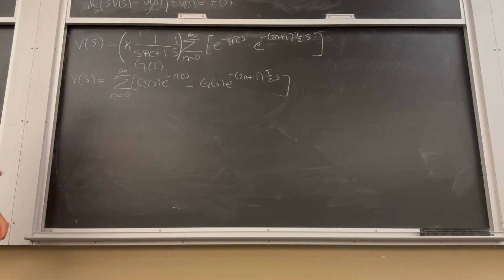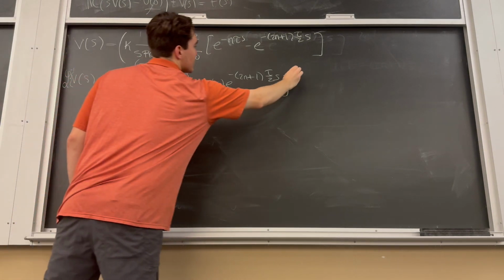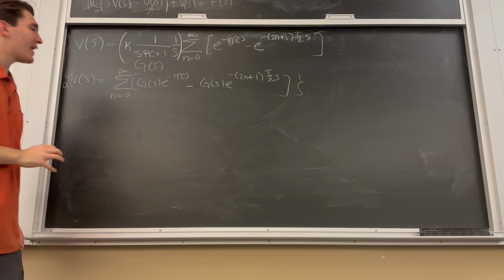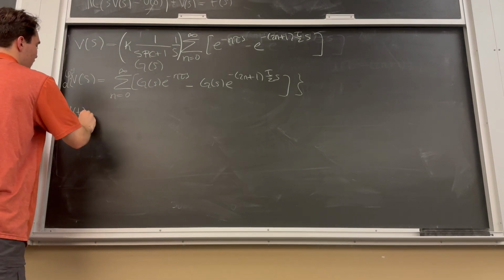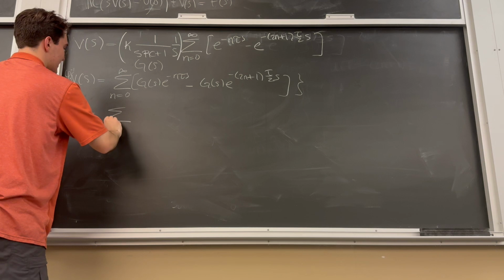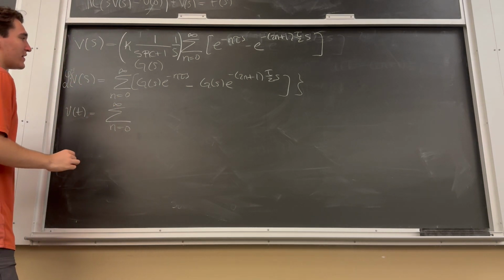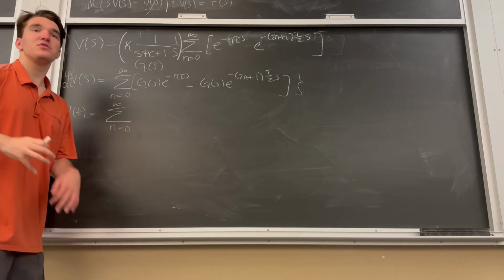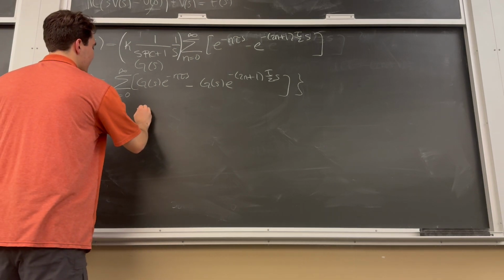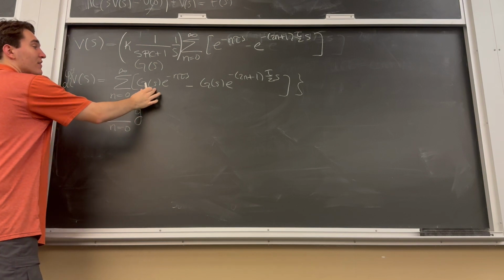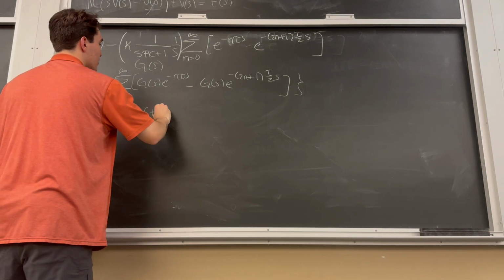Okay, and then if I apply the inverse Laplace transform to both sides, that's also a linear operator, so I can just apply it inside the summation term by term. Then I'm going to find that v of t is an infinite sum, n equals 0 to infinity, of, and again, just use your Laplace transform table online to solve this, the inverse Laplace transform of g of s itself, but with some shifts.